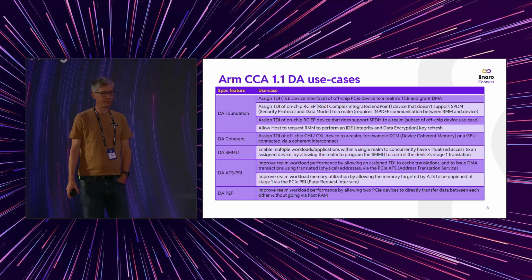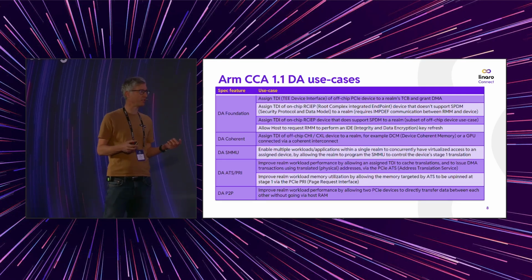All the remaining things are more advanced use cases. So DA coherent is about being able to assign a TDI of a CXL or CHI device, like device coherent memory, or a GPU connected via cache coherent interconnect. And so that's much more efficient in terms of memory sharing if your device supports that feature.